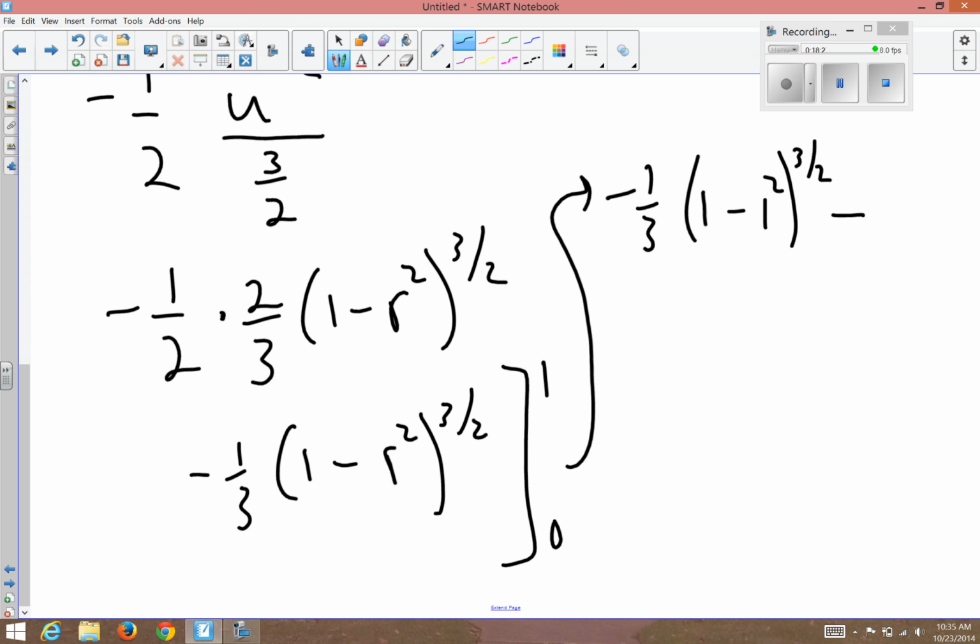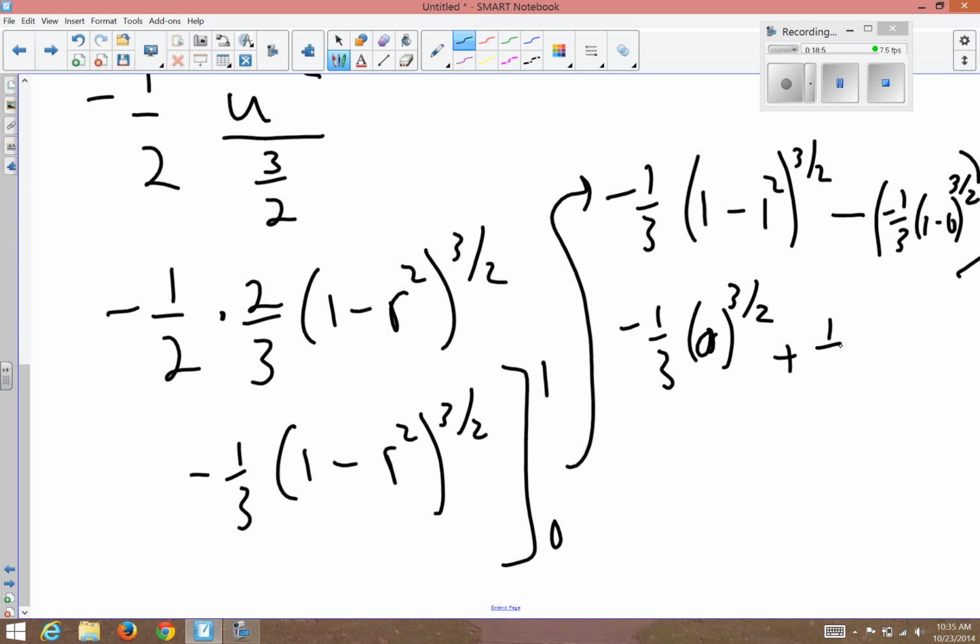After the minus, it's negative 1/3 times 1 minus 0 squared to the 3/2. So be careful with this arithmetic. It's negative 1/3. In the parentheses is 1 minus 1, which is 0, and 0 raised to any exponent is going to be 0. But these two minuses here make a plus 1/3.